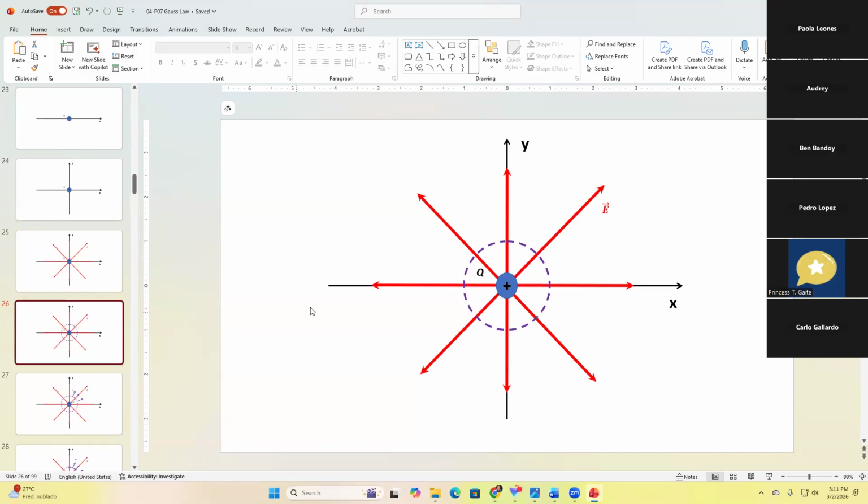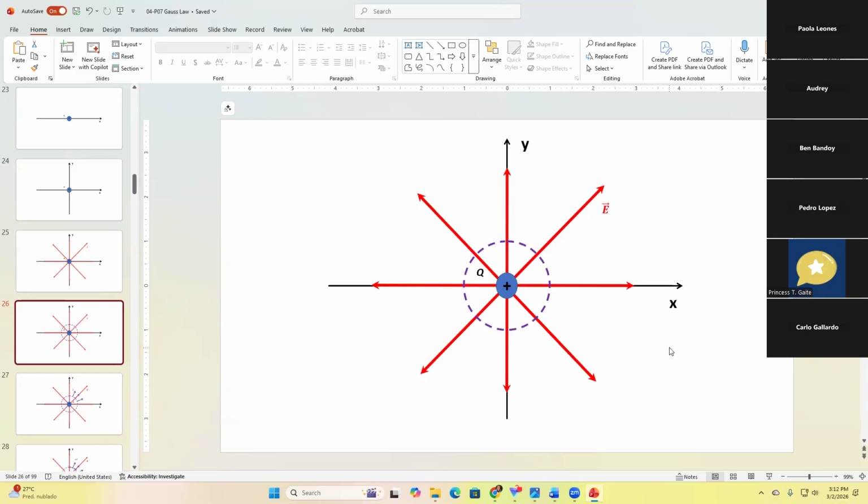The simple symmetry that we are going to have is that of a sphere whose center coincides with the position of the electric charge. A point is just an infinitely small sphere. Can you think of it like that?